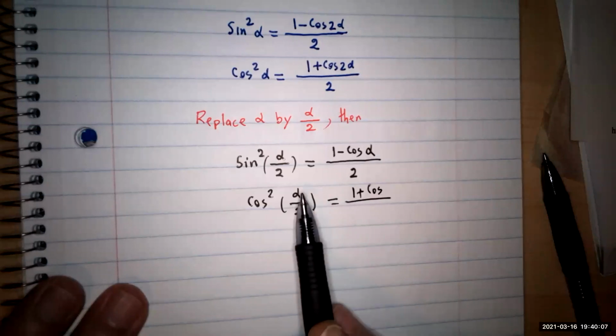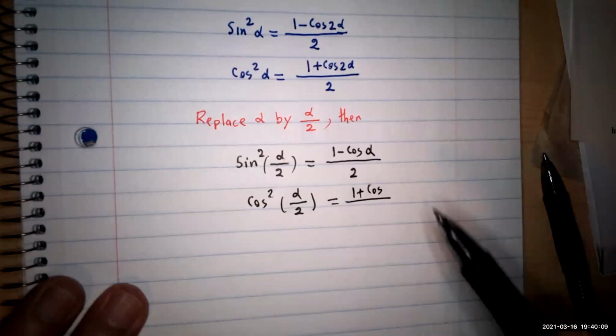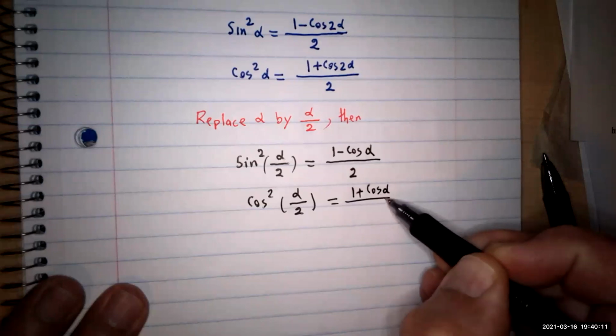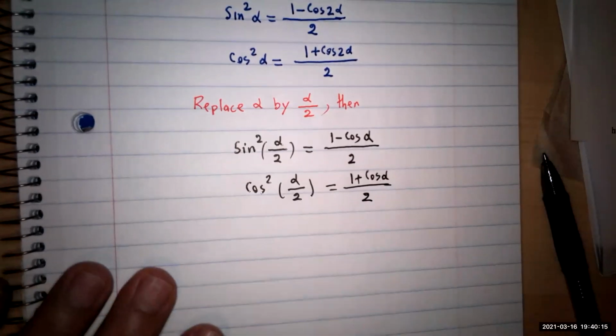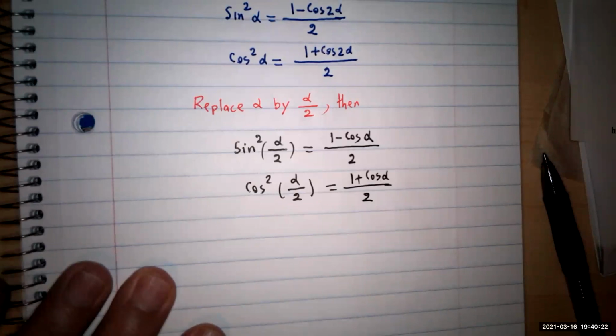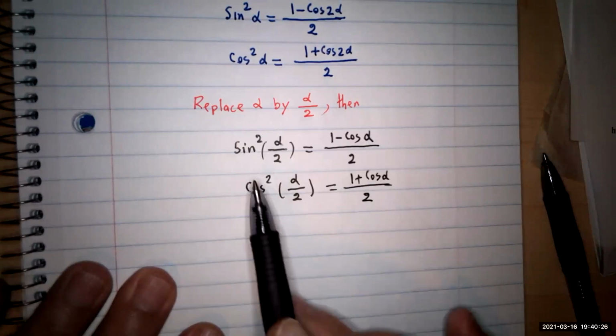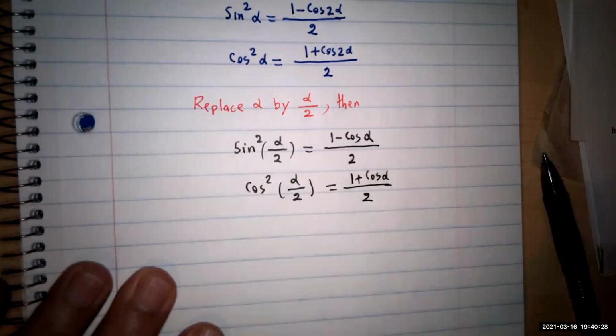The double angle of alpha half gives you alpha, over 2. So this format is better to memorize. When we want to find it, we take the square root, because that square root is a little bit tricky. I want to explain it when we operate it.